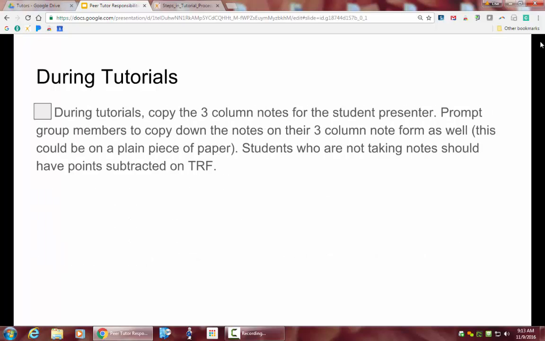Again, you're also writing down the 3-column notes. As the student leader, tutor, you will also be completing the 3-column notes for the presenter, because of course they cannot write anything at this time because they're up at the board. So it's your responsibility to have their 3-column notes and write notes for them.